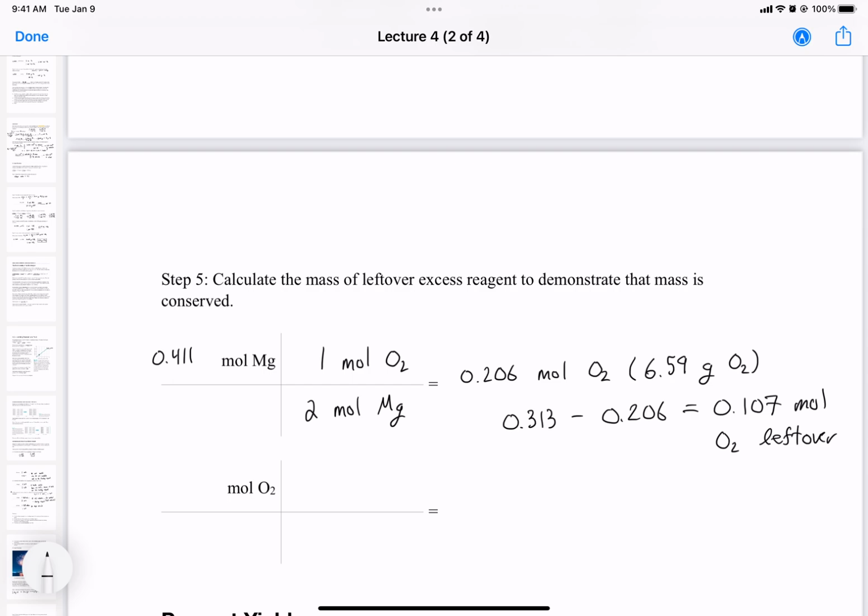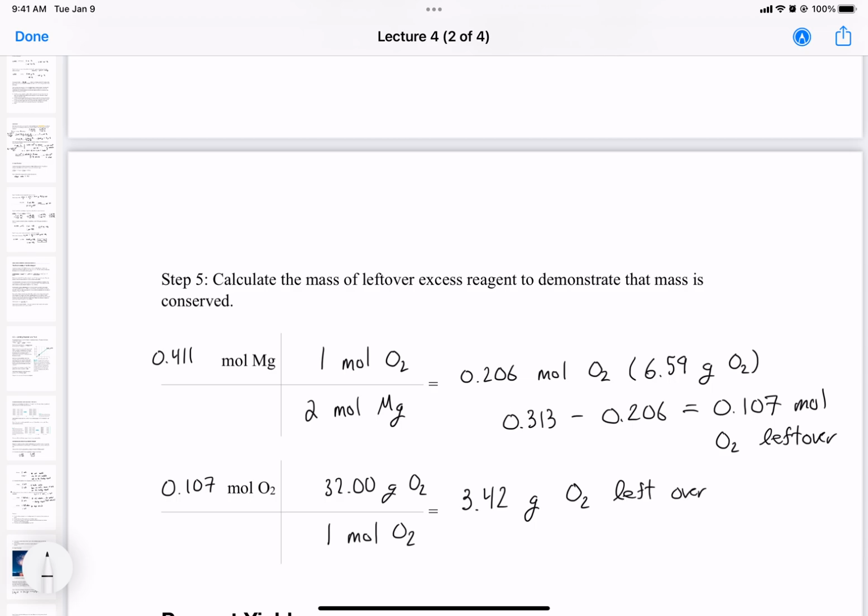Okay? So then we're going to put that excess here, 0.107 times 32.00 grams of oxygen for 1 mole of oxygen. And we get 3.42 grams of oxygen left over.